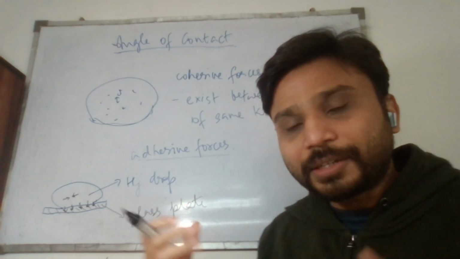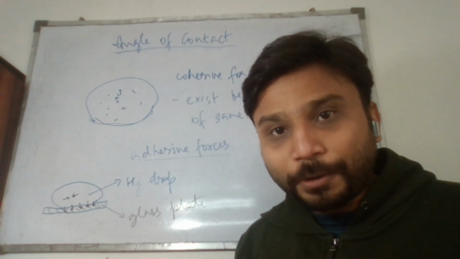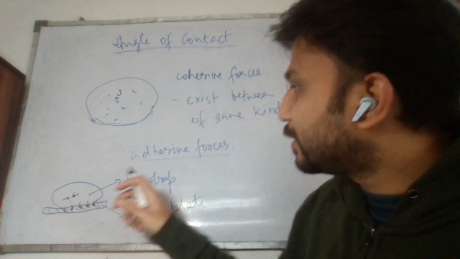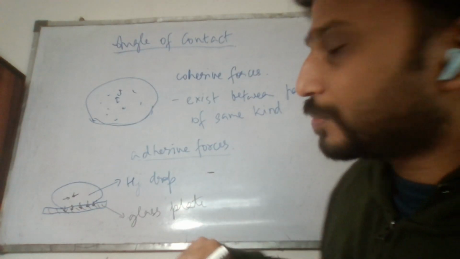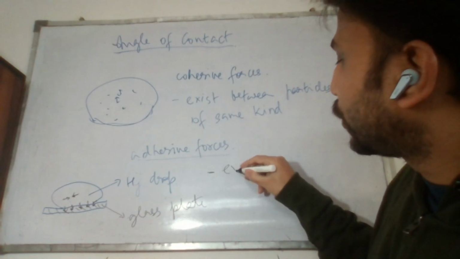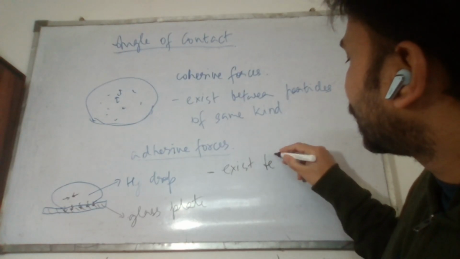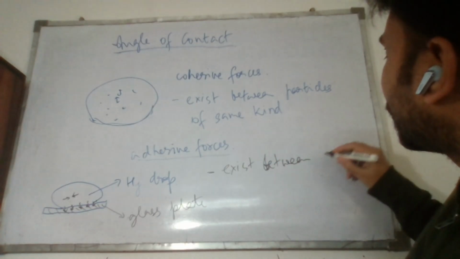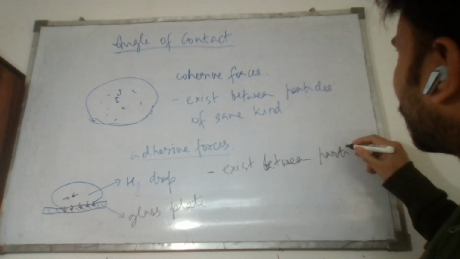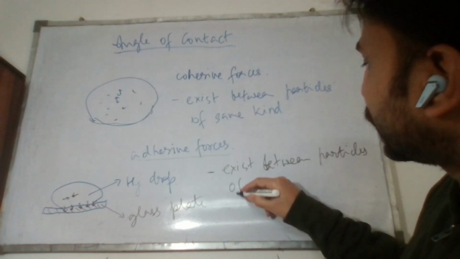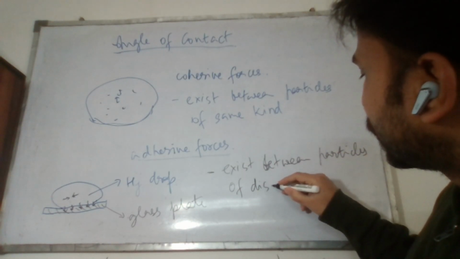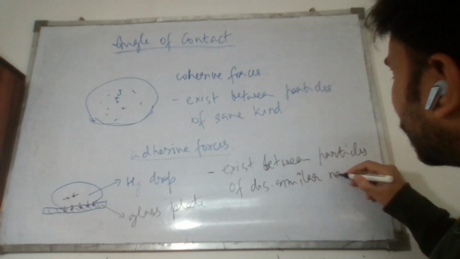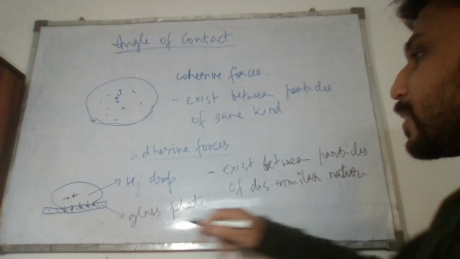This downward direction helps the mercury drop stay tied down to the glass plate. This is what is called adhesive force. They exist between atoms or particles of dissimilar kind, dissimilar nature. They are not of the same nature.